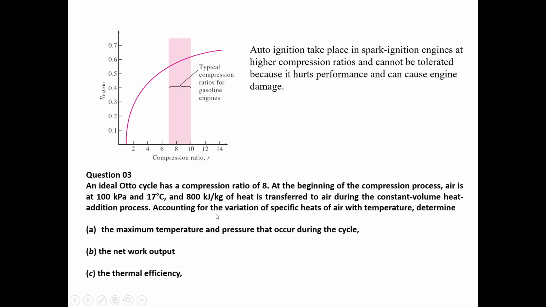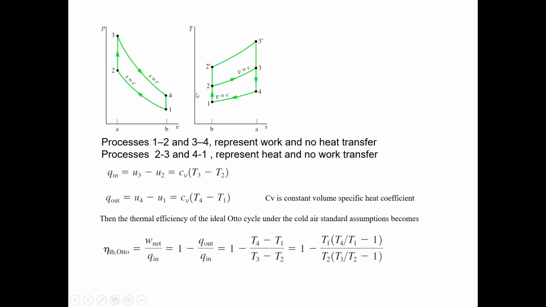Accounting for the variation of specific heats of air with temperature, determine first, the maximum temperature and pressure that occur during the cycle, the net work output, and the thermal efficiency, right? Now if we go back to this cycle, we know the maximum pressure occurs at point 3, and the maximum temperature as well. So we need to find the temperature and pressure at point 3. That is the first question.